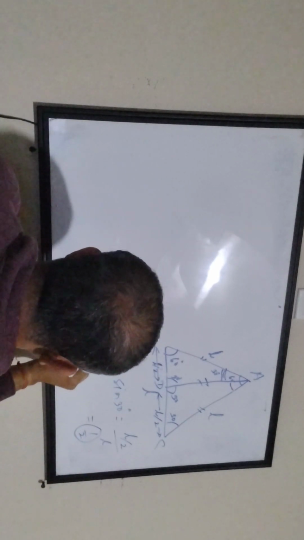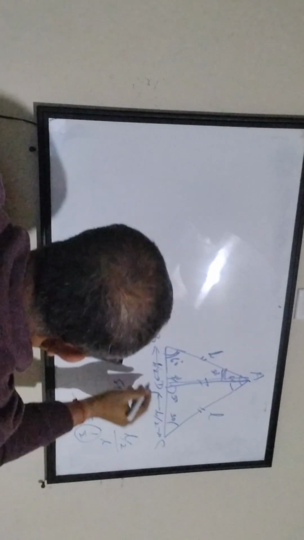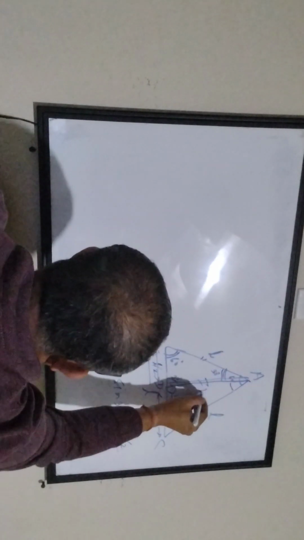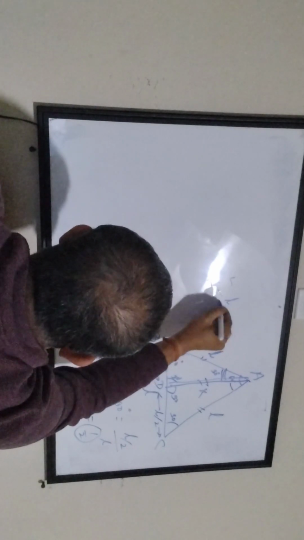Sine 60 degrees, if you have to find it, this is 60 degrees. So this side divided by this side, and let's say this side is k. So k square plus L by 2 square equals L square, as per the Pythagorean theorem.